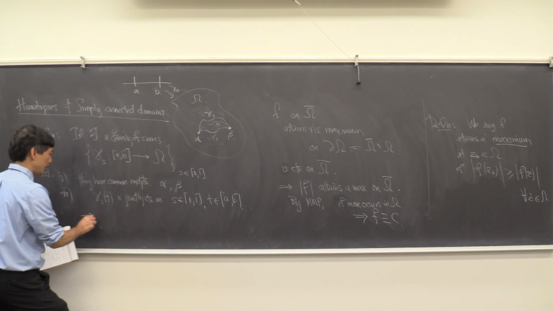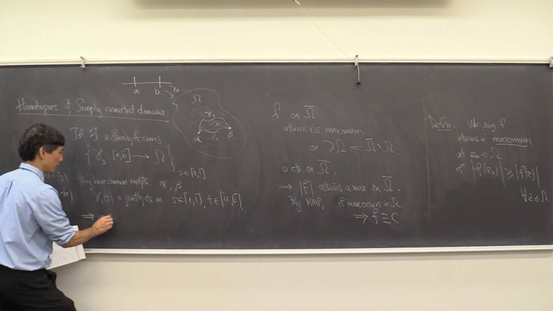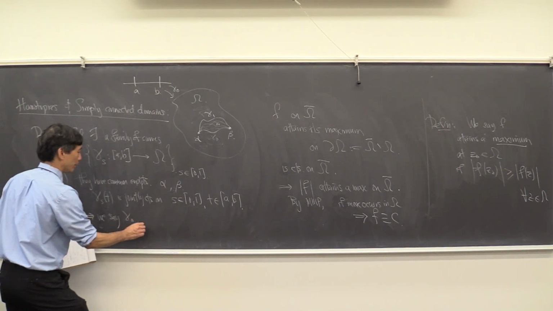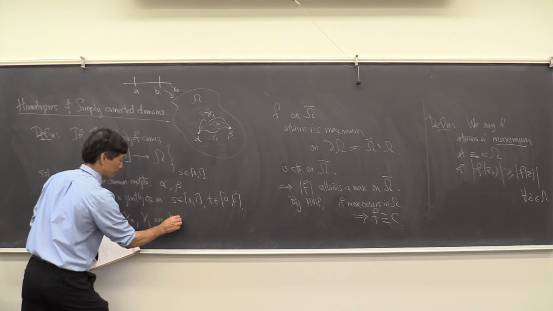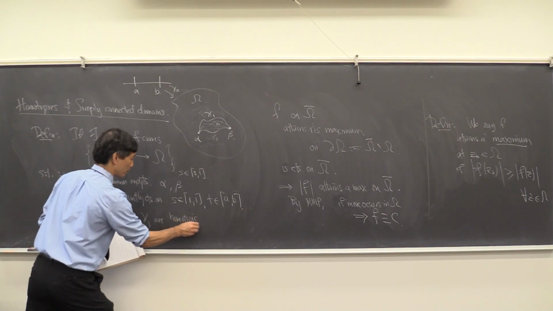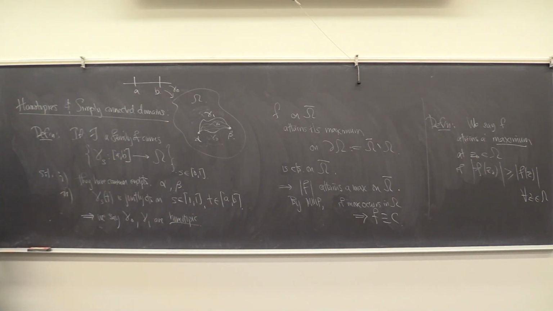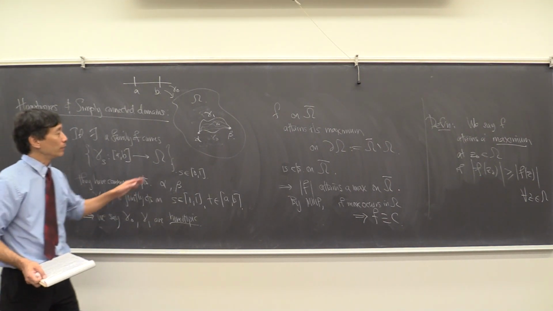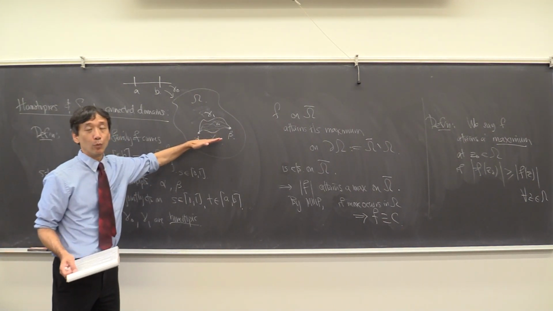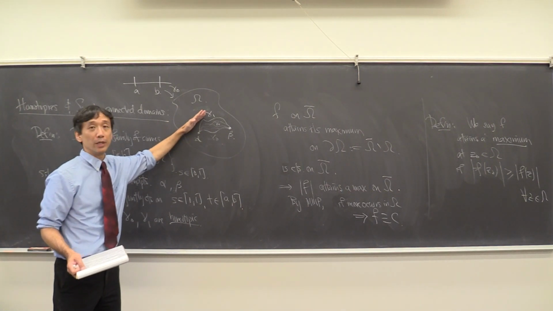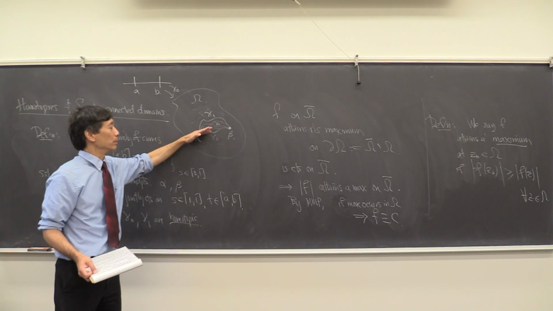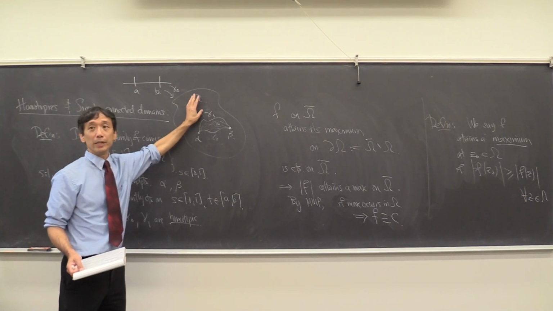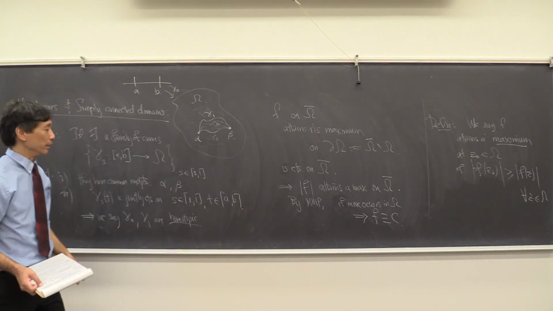Then we say gamma 0 and gamma 1 are homotopic. Roughly speaking, it means that you can deform one curve into the other curve in a continuous manner, within the set omega.